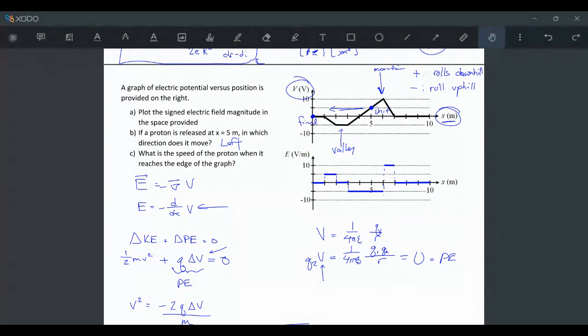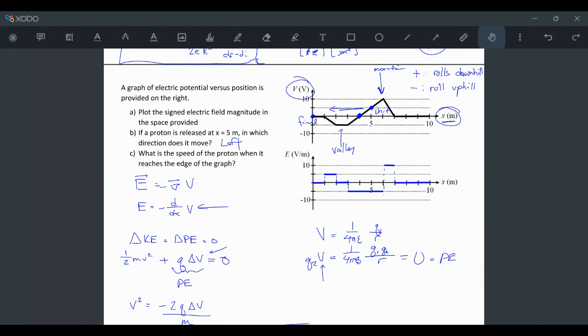So to answer your question, you can think of many situations where, like right here, for instance, the potential is 0, but the slope is non-zero. So you can have a non-zero electric field when you have a 0 potential.